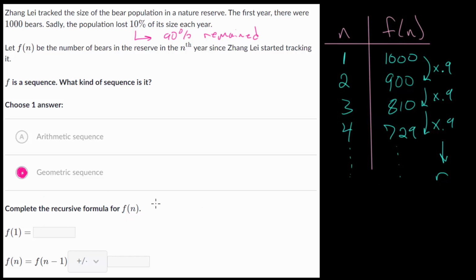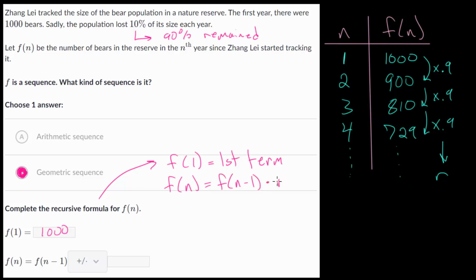And so for this one, we need to come up with a recursive formula. So remember, with a recursive formula, if we look at the general form, f of 1, that is our first term, which we already know, that's starting at 1,000. And then we have the pattern, that to find the nth term, we'll take the term before that, f of n minus 1, and then multiply by that common ratio, where again, r is our common ratio here.